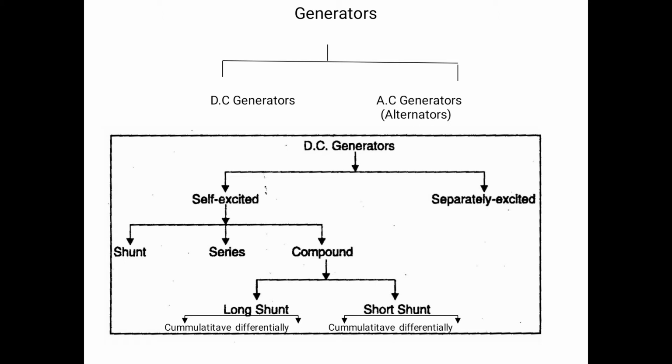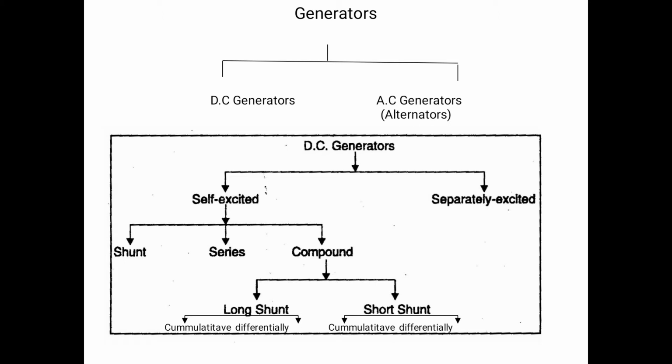So, based on the directions of the magnetic fields produced by the series and shunt field windings, the long shunt and short shunt compound DC generators are divided into two types. In cumulative compound generators, the fluxes are in the same direction, but in differentially compound generators, they are in opposite directions.